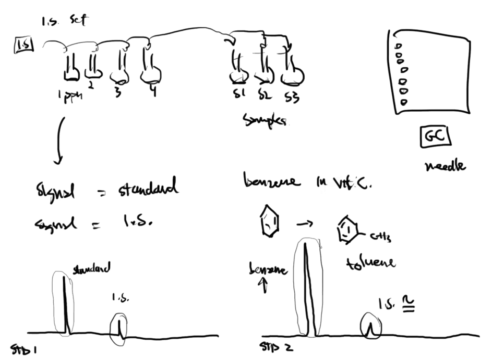So I'm going to start generating some data. Standard number 1, 2, 3, and 4. And this is my benzene area. And this is going to be my internal standard area. Well, the benzene area will increase.